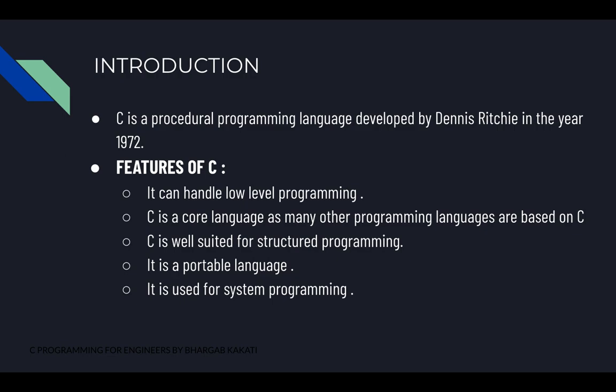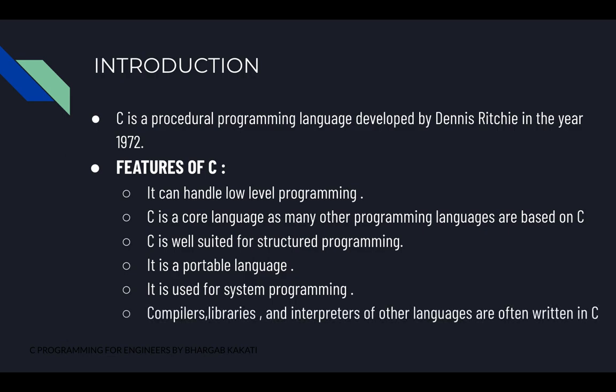Next up is, it is used for system programming. System programming means it is used for developing basically the operating systems. Many operating systems are designed in C. Like the Unix operating system, it is entirely written in the C programming language.